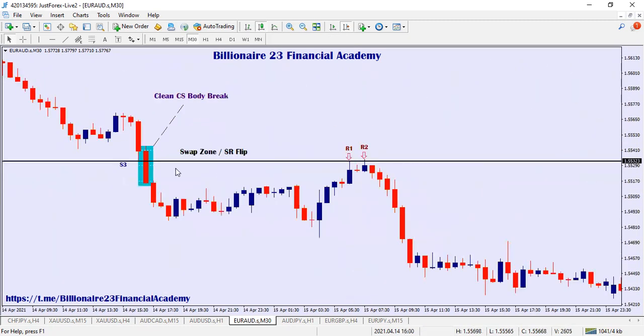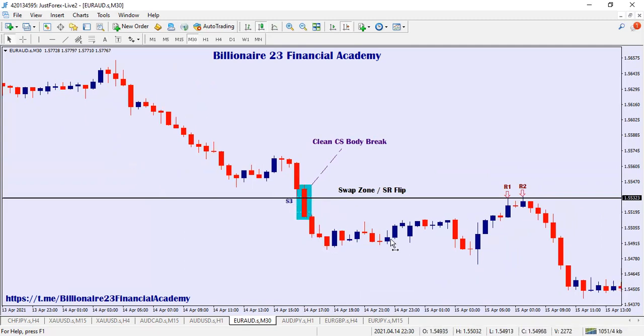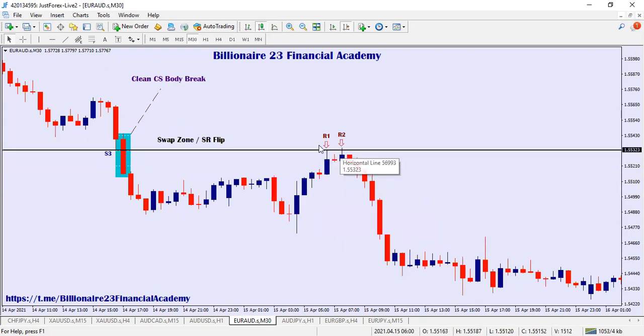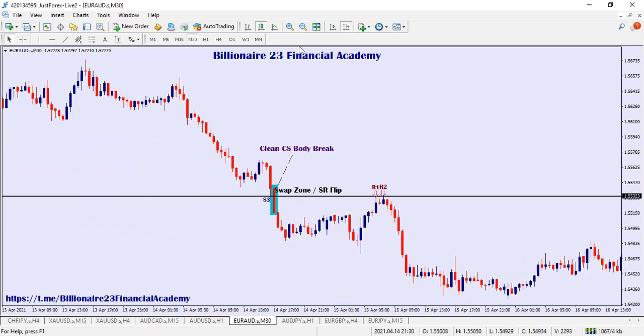When price approaches the same area for the third time, you can either buy on touch 3 or wait for a clean candlestick body break. Once that happens, you just get ready to sell at the swap level or the swap zone, the flip in terms of resistance. We had 2 touches in this instance. Since then, price has dropped. I hope it makes sense.